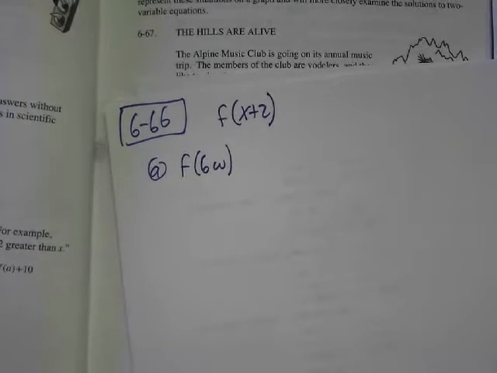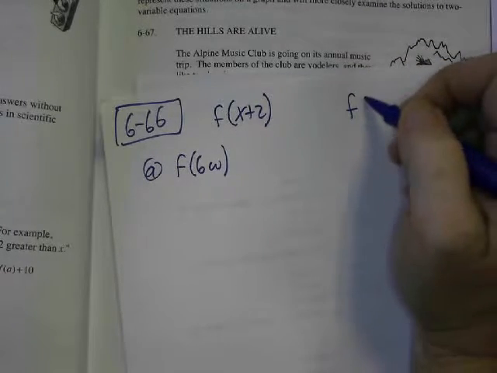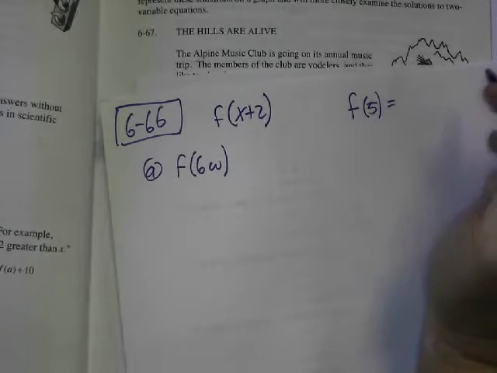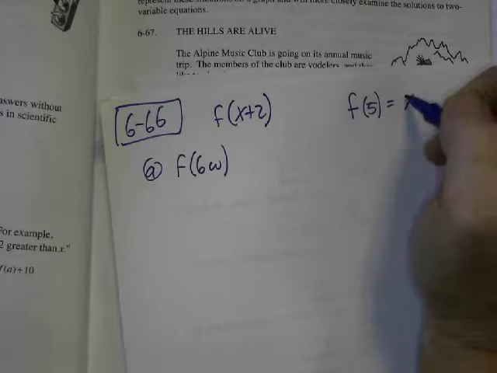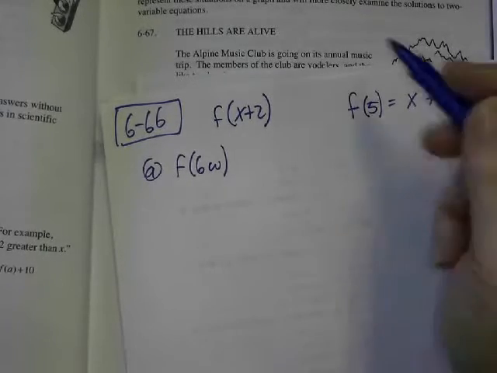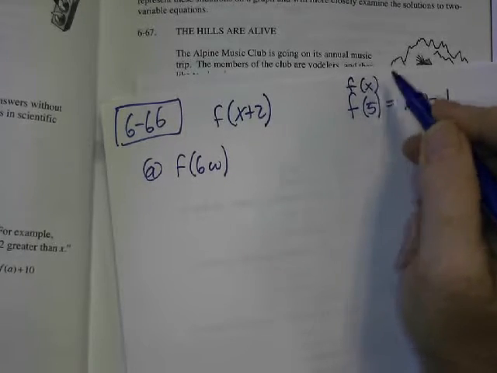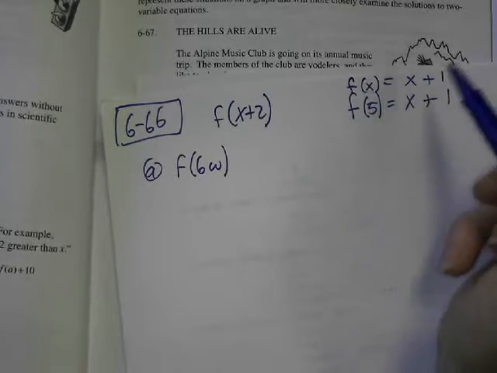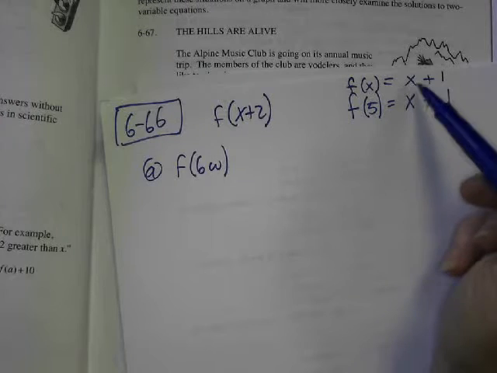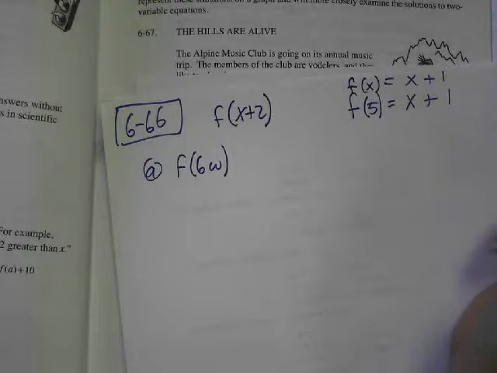Okay. So let's say, I'm just making something up here, if I had f of x equals x plus 1, then whatever I plug in for x, it's going to take that number and add 1 to it.